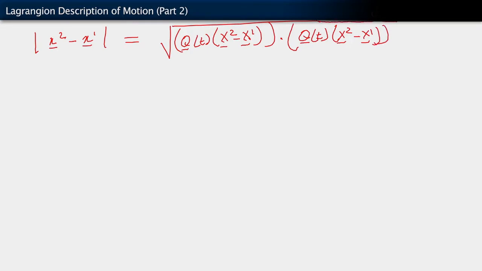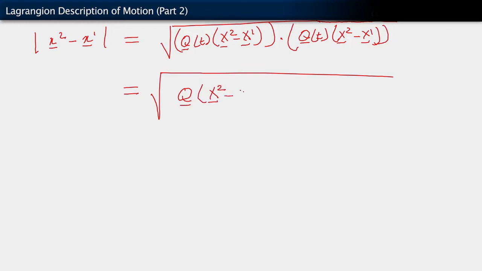Now, something you know, and we can see this again if we go into coordinate notation, is that we can write that dot product using linear algebra notation. I'm going to dispense with the time dependence here, just to save some writing.